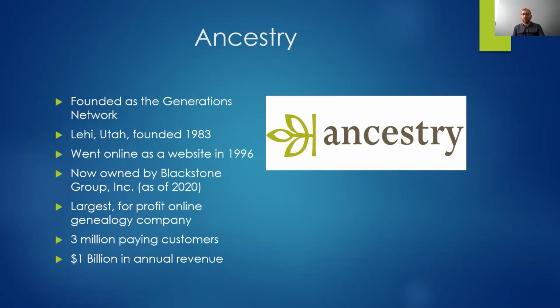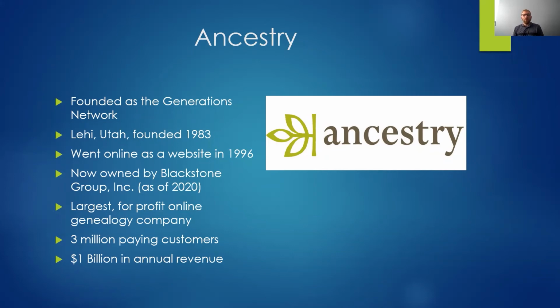Okay, so next I'm going to talk about Ancestry.com. Ancestry.com is one of the giants of the genealogy world. They have been around since 1983, and they were originally founded as the Generations Network, originally based out of Lehi, Utah. Now they're in Provo.